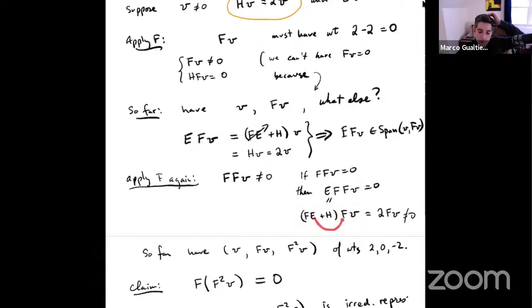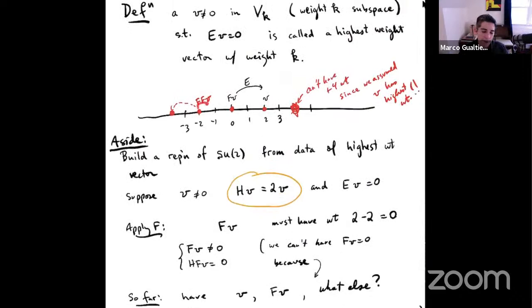So EFV is 2V, and there's an F here, so I get 2FV. And HFV, well, FV had weight 0, so this term goes away. And so I get 2 times FV, and we already checked that FV is non-zero. So that means that this thing, FFV, if I apply E to it, I get a multiple of FV. So there's no way that thing could have been 0.